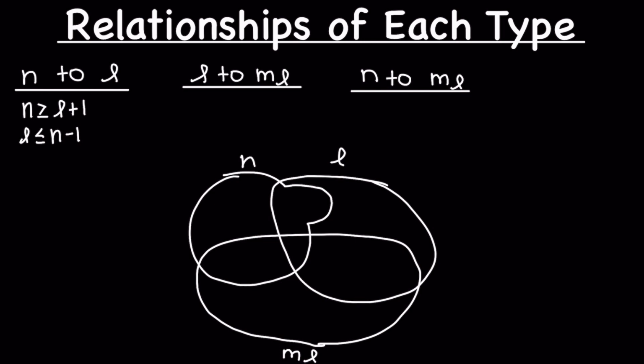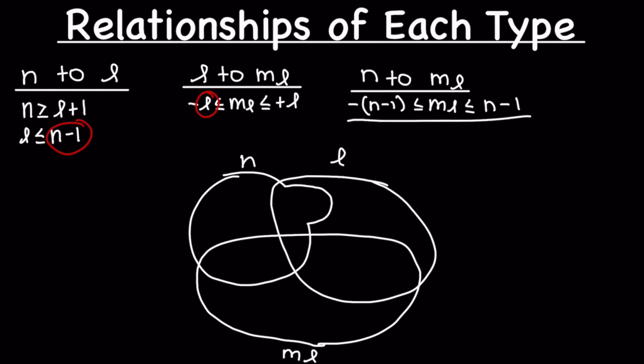For L to ML, we know that ML is going to be between -L and positive L. And finally, for n to ML, what we can say is that if L is less than or equal to n minus 1, we can say that ML is going to be minus (n minus 1), then ML, up to positive n minus 1. You may not need to know this for the sake of your class, but it's worth knowing just in case.